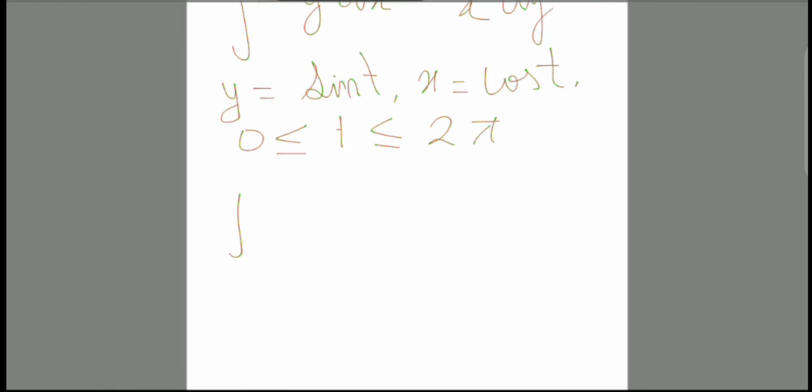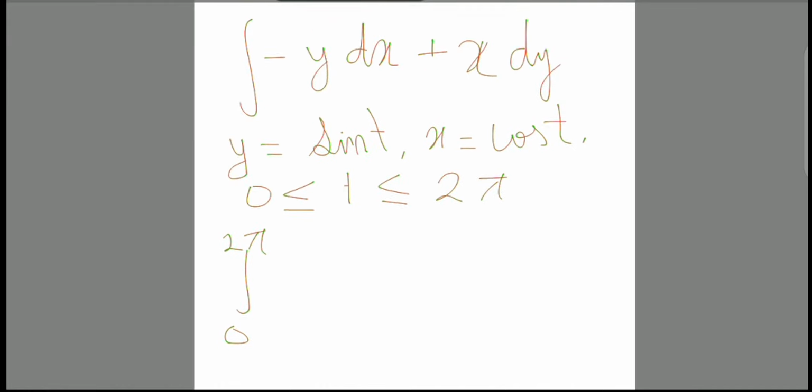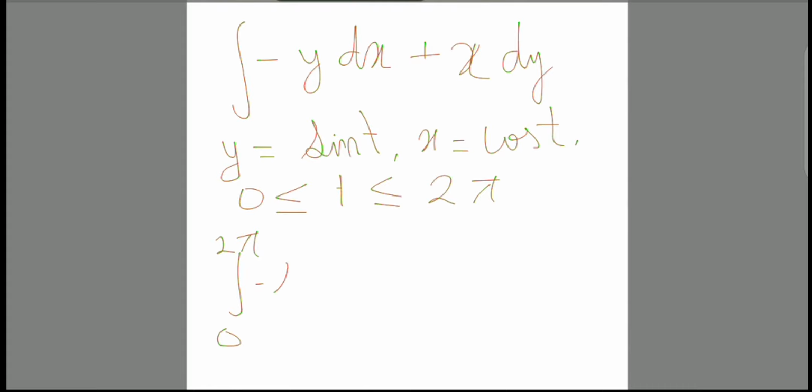Let's write everything in terms of t, which makes it much easier. T is changing from 0 to 2 pi. Y is sin t, so we have minus sin t dx. X is cos t, so dx, the derivative of cos t, is minus sin t dt.